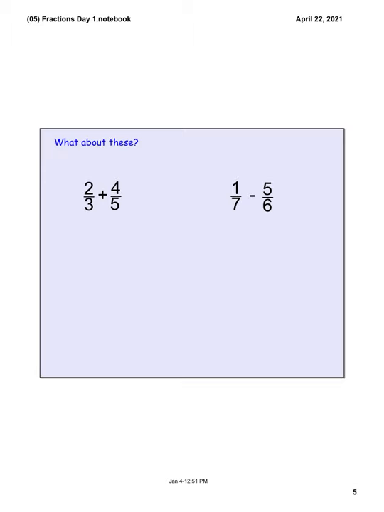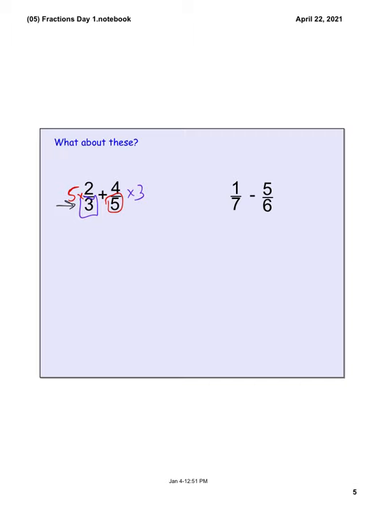Now here, where we don't have the common denominator, if you recall, our goal is to obviously get these to be a common denominator. And the easiest way to do that is really to just multiply each fraction by the opposite denominator. So for instance, I'm going to take this first fraction and multiply by 5 because that number was 5. I'll take the second fraction and multiply by 3 because the opposite denominator was 3.